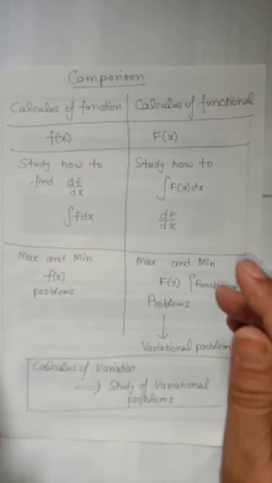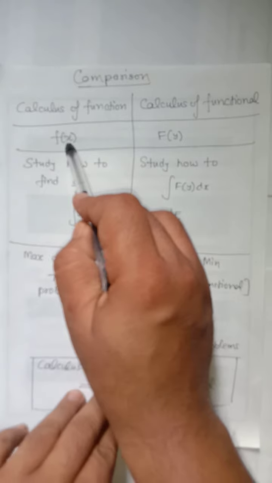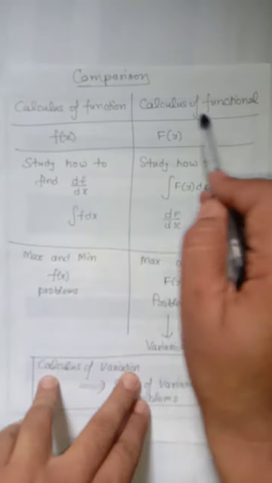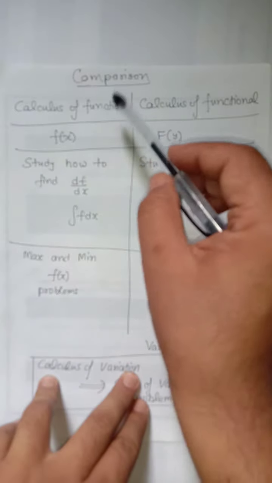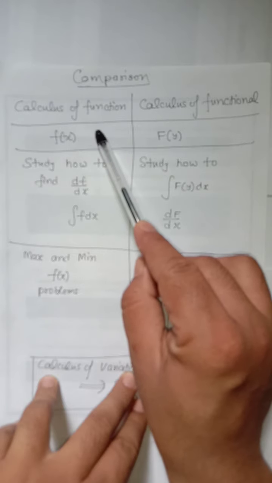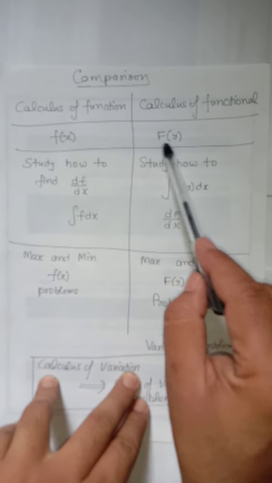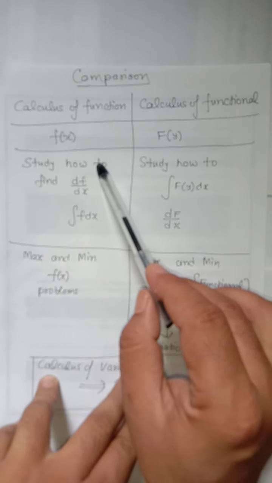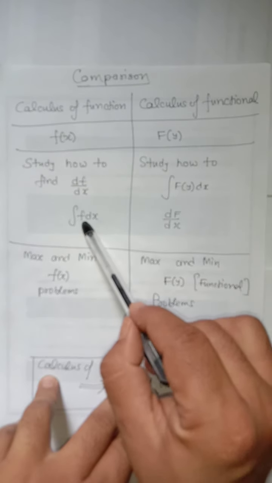We have a comparison between calculus of functions and calculus of functionals. So here I have done a comparative study. Calculus of functions is the calculus which you read in class 11, 12, where we have a function. And in calculus of variation, we will have a functional. In calculus of functions, you study how to find the differentiation and integration of a function.